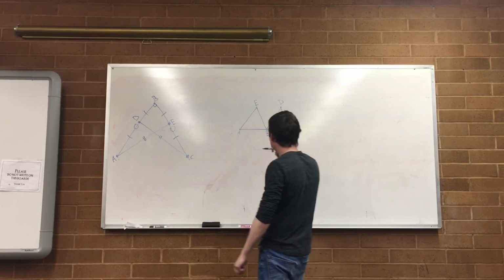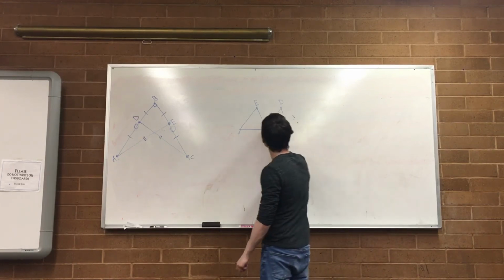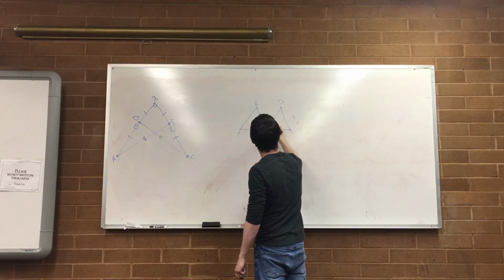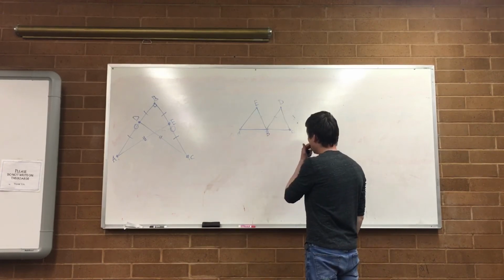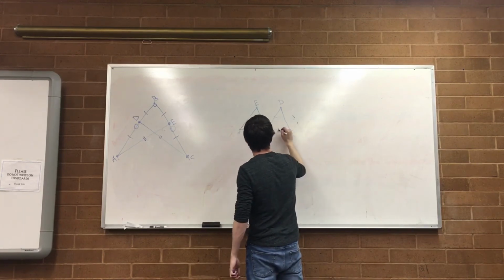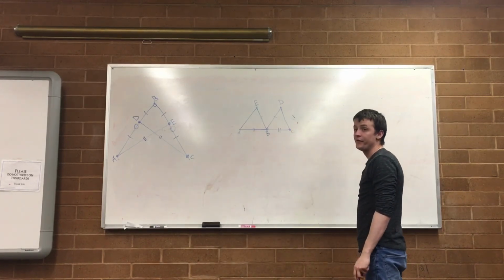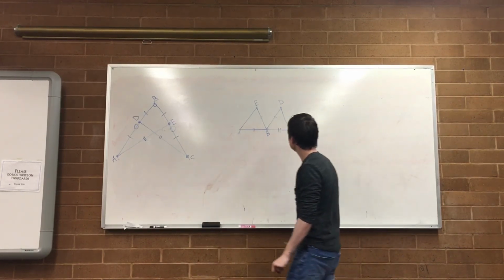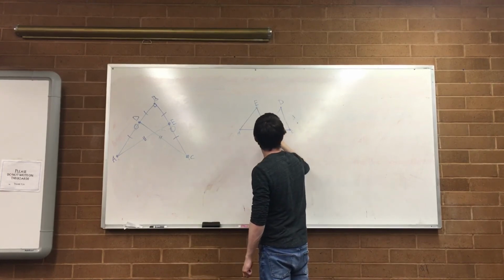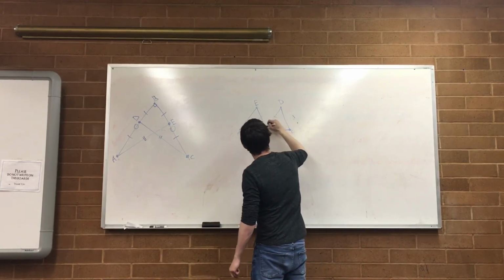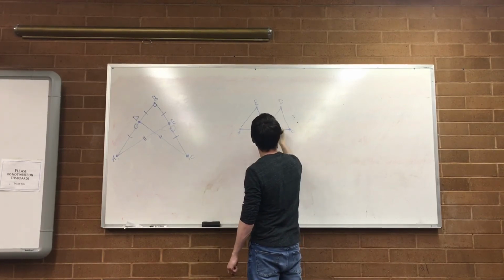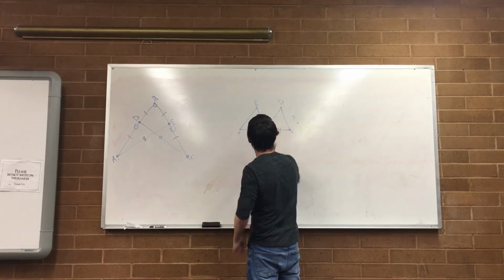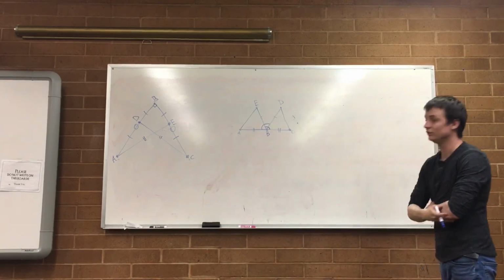EB is congruent to BD, and B is the midpoint of AC. And angle EBC is congruent to angle DBA. That's weird, you see that?